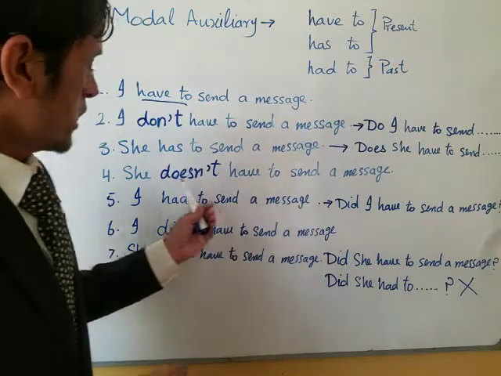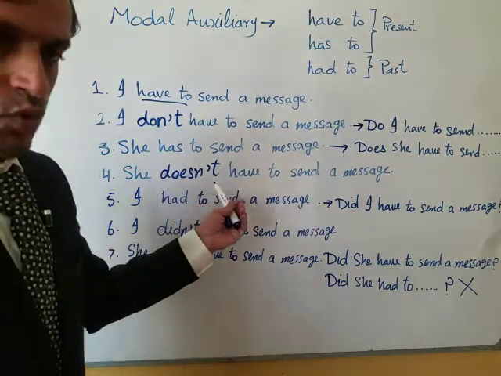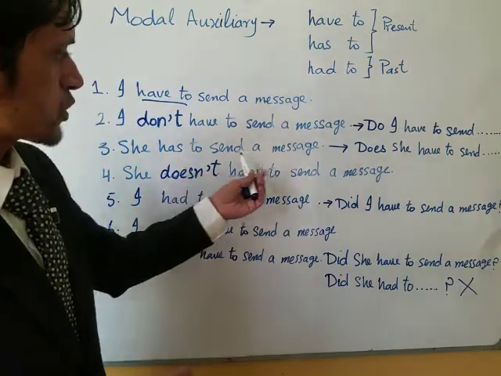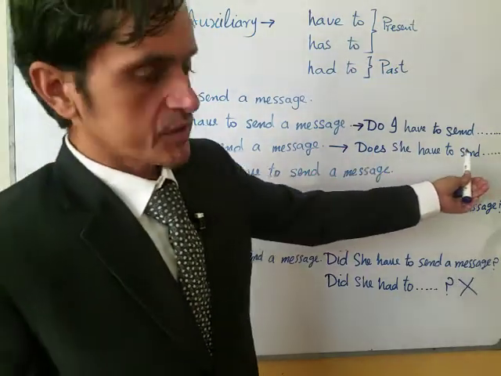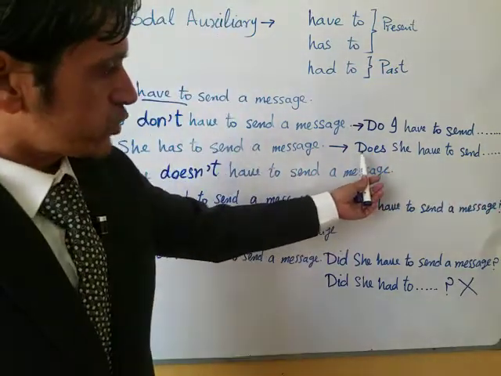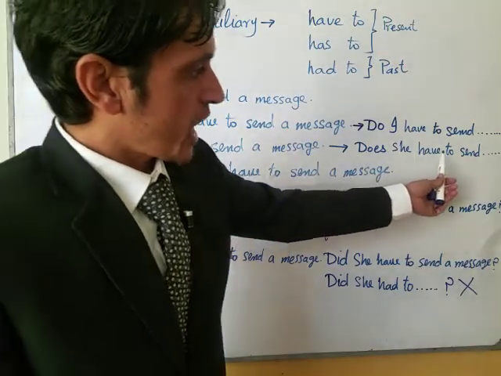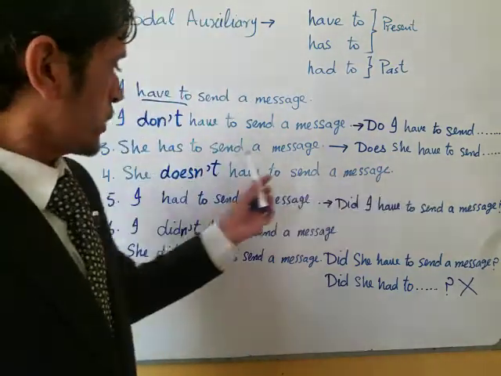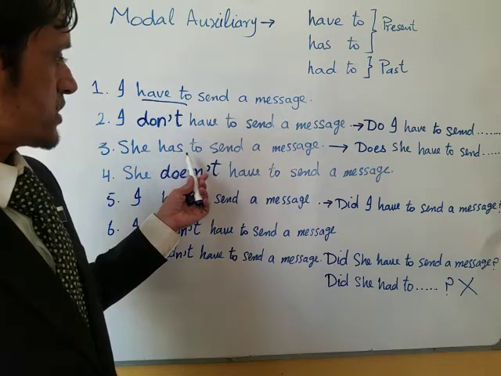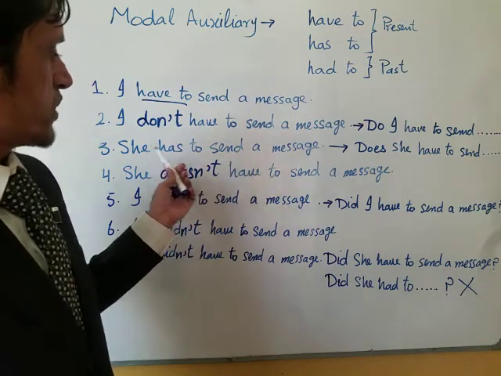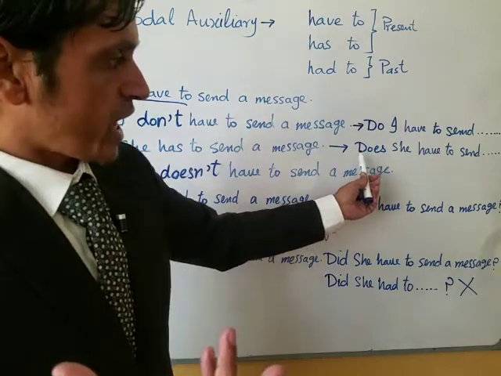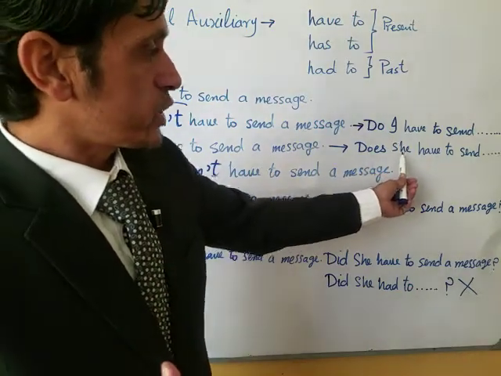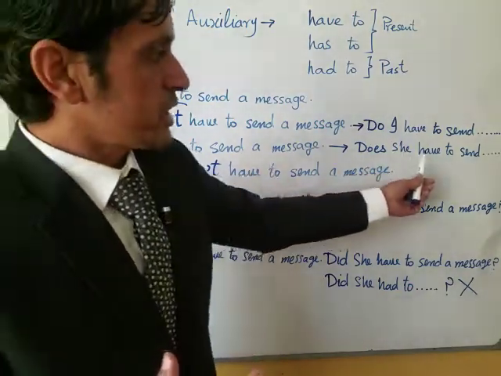Now if you want to make an interrogative of this sentence, she has to send a message, we will make it in this way: does she have to send a message? Here we use she has to send a message. With she we use has to. But if we want to make an interrogative, then after she we will not use has to.